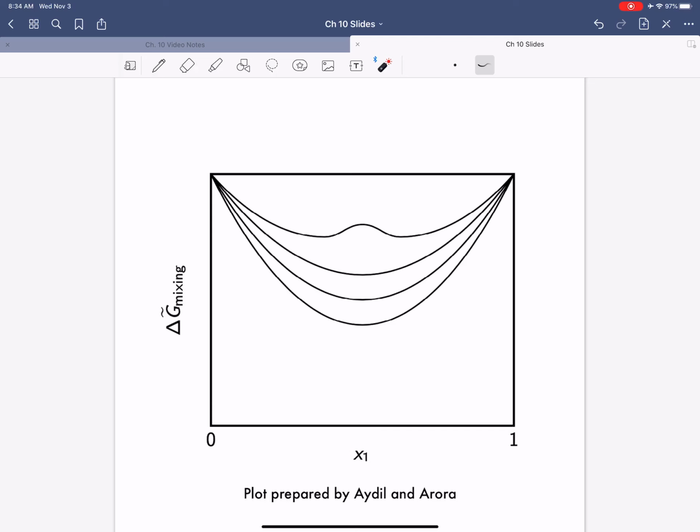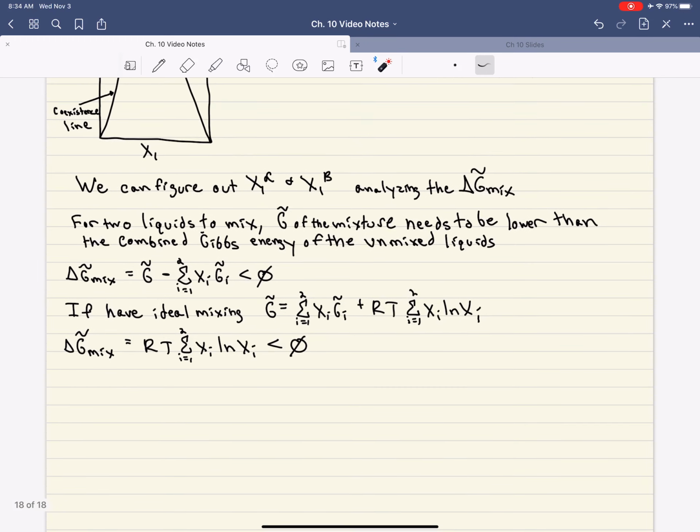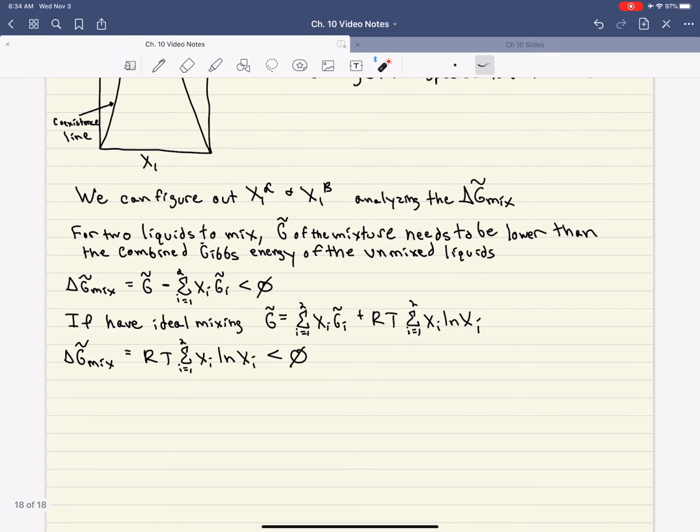Now, as I mentioned, if we go back to the notes, in order for two liquids to mix, the molar Gibbs energy of the mixture needs to be lower than the combined Gibbs energy of the unmixed liquids.